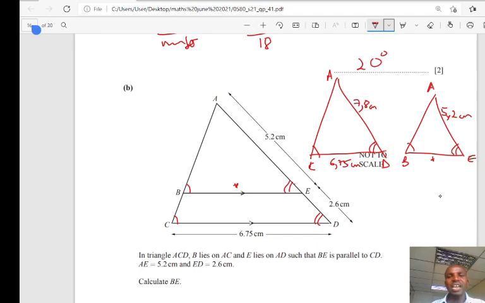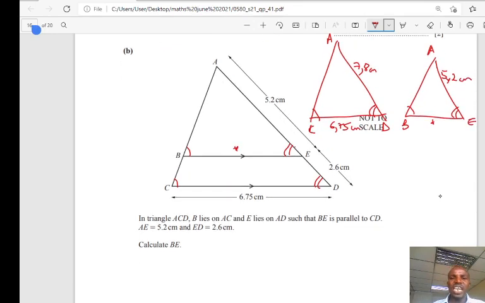If two shapes are similar, then the ratio of their corresponding sides are the same. Corresponding sides are sides with the same angles, like we have CD and BE here. We can say BE over the side with corresponding angles on the bigger triangle ACD, which is CD, 6.75, is equal to another side already given on the smaller triangle, 5.2, which corresponds to 7.8, which is AD.